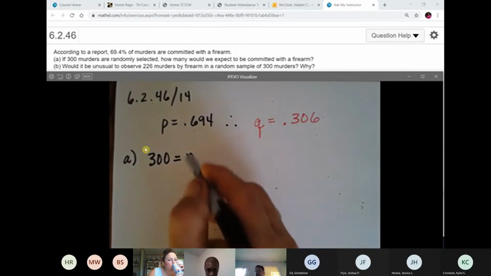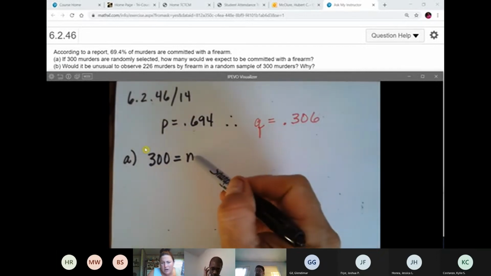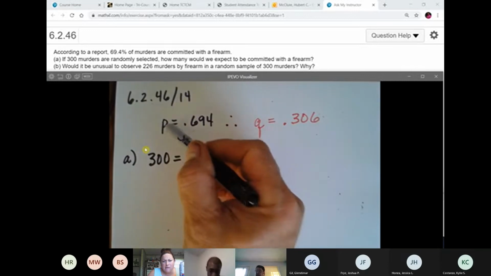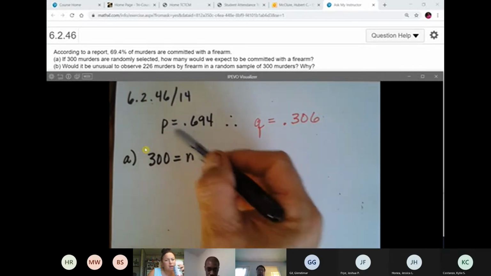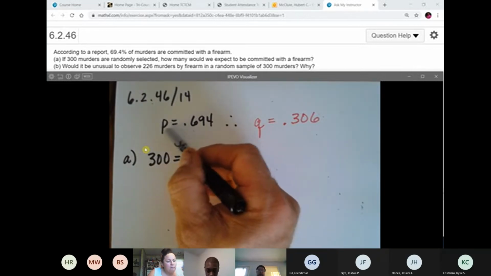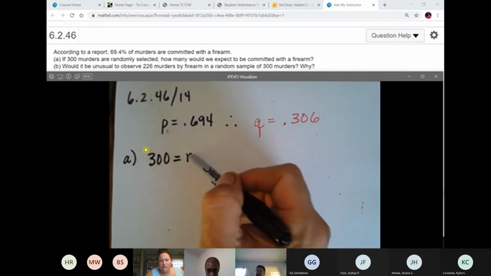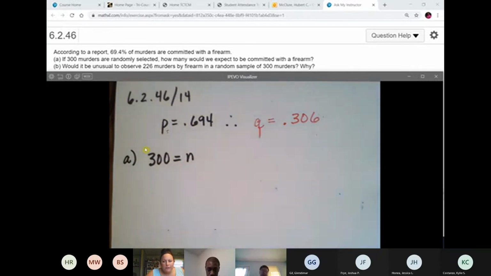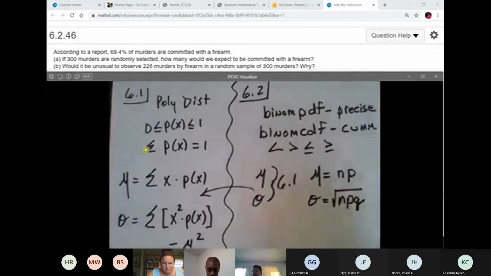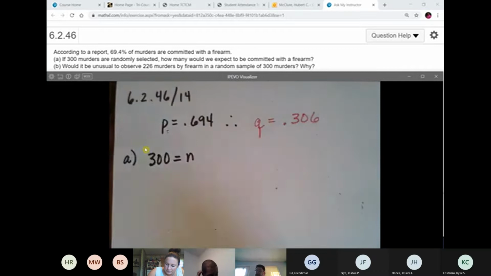Well, what do we have here? Somebody tell me what I have right here. The population is N. N and what? Probability. Well, what's that letter? P. What do they tell us to use in 6.2? N times P. There we go. So this is a type question, and this is a test question.